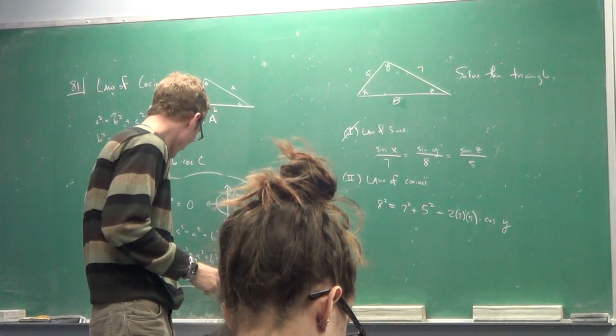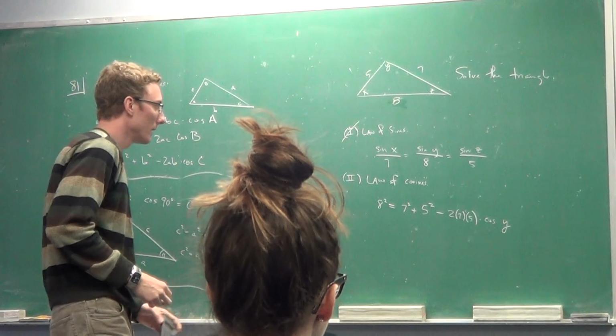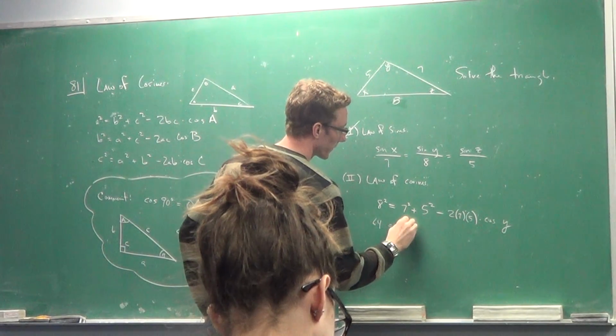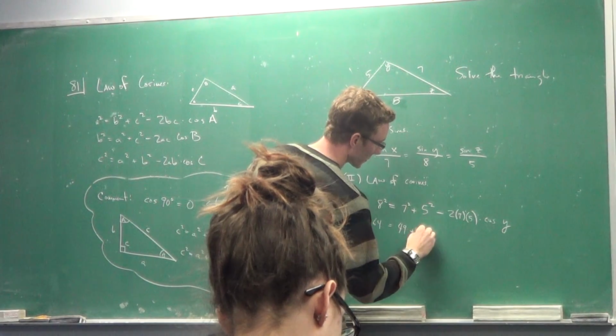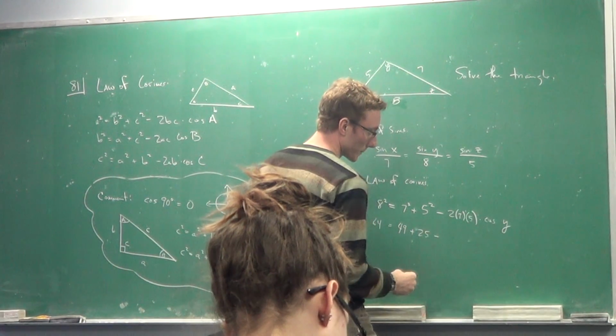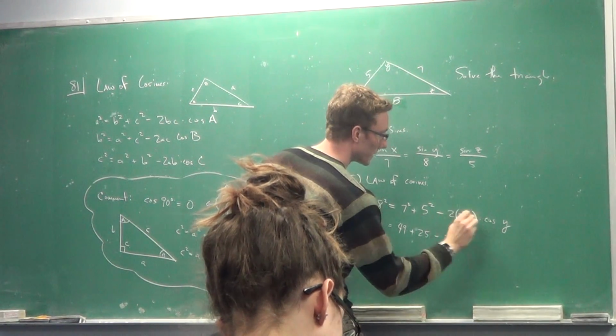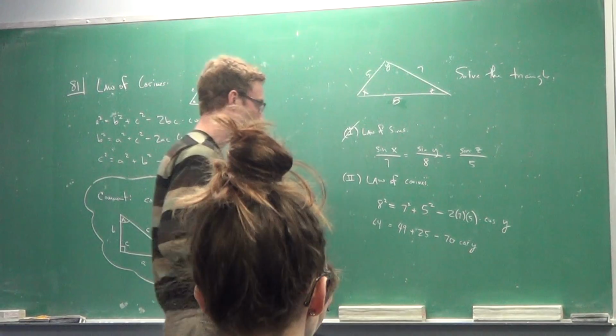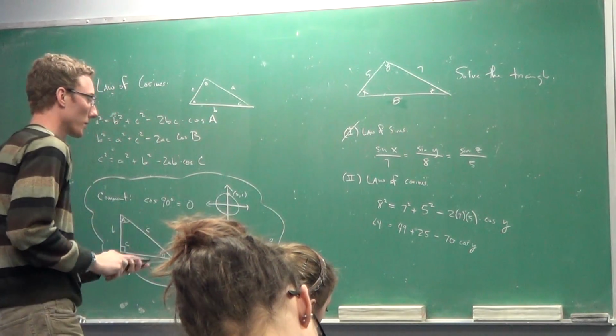Now, if we simplify this down, 8 squared is 64, 7 squared is 49, 5 squared is 25, 2 times 7 times 5 is 70, times cosine y. There's only one variable to solve for, that's cosine y.